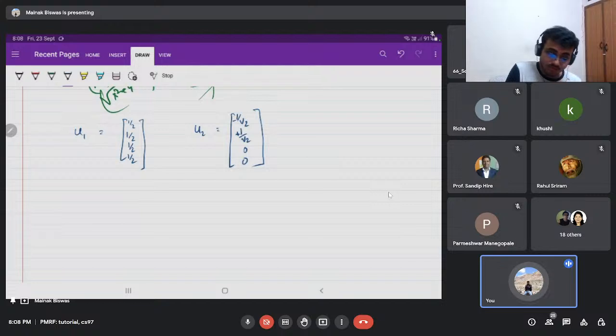So first of all, what is the first condition you need to check to see if they are eigenvectors? Whether they are unit norm, right? So what is the L2 norm of U1?